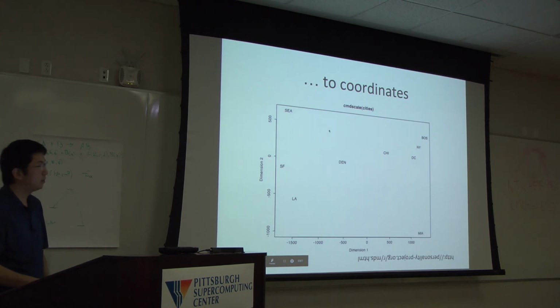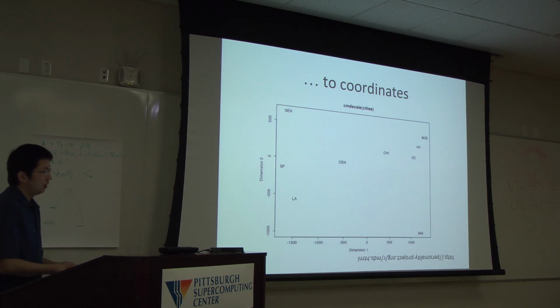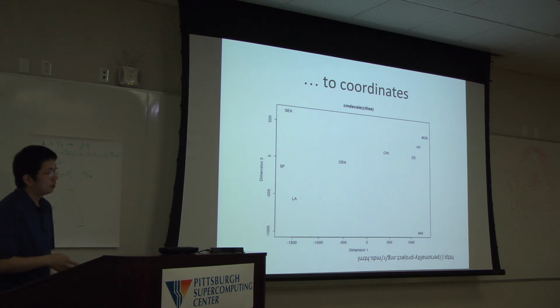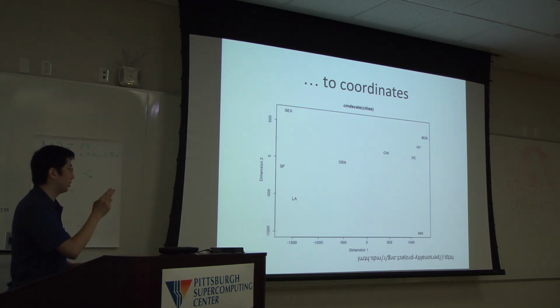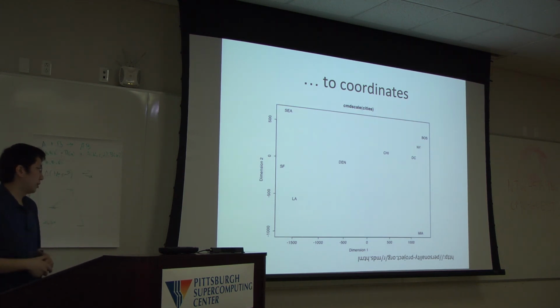So we can do the same thing for our cells. We can use a method called multidimensional scaling to project the distance matrix to some coordinate system. And for each cell, we use a coordinate to represent the location of the cell in the space, such that their pairwise distances are approximately preserved.